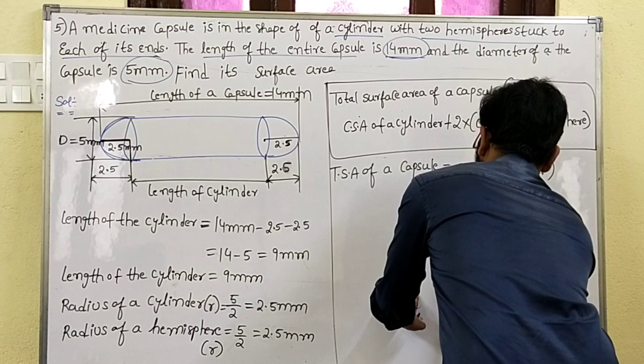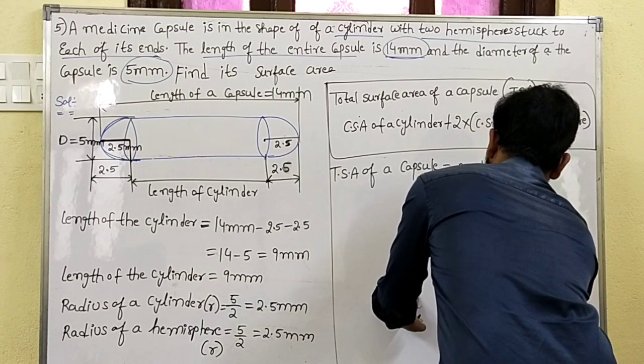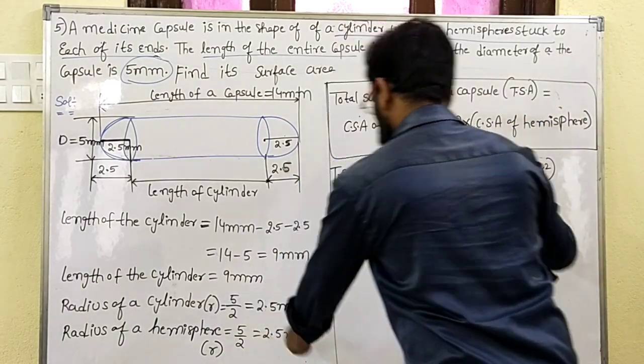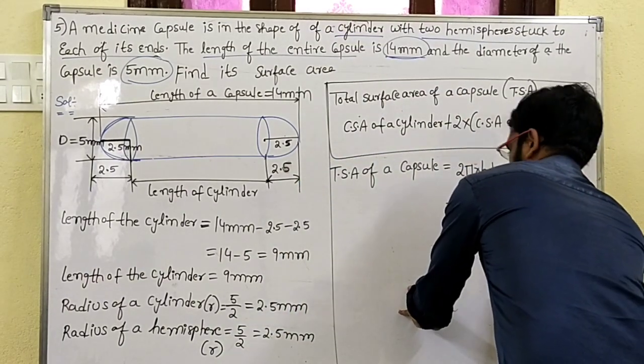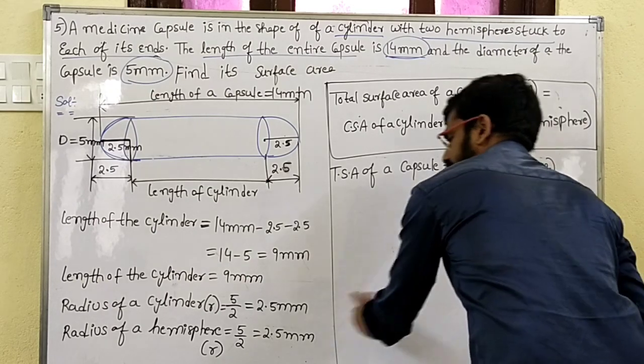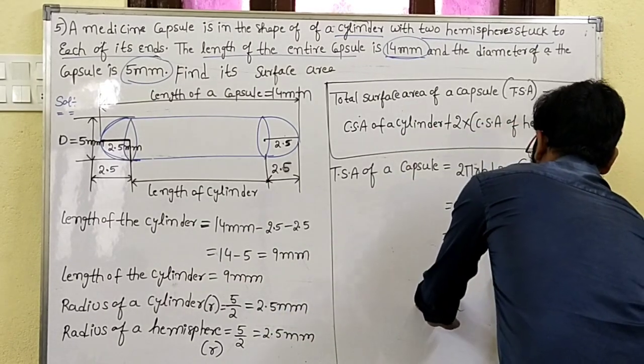Then if you write it, 2 into 22 by 7 into the radius of the cylinder, which is 2.5. Let's take it as 5 by 2, into the height.